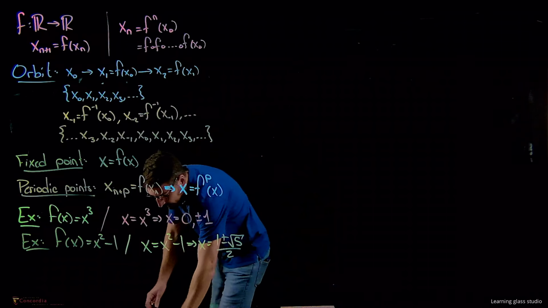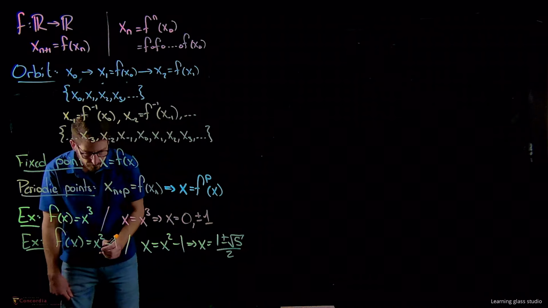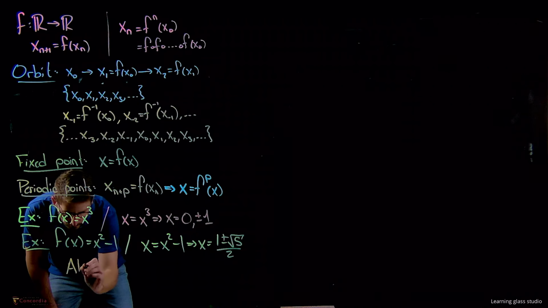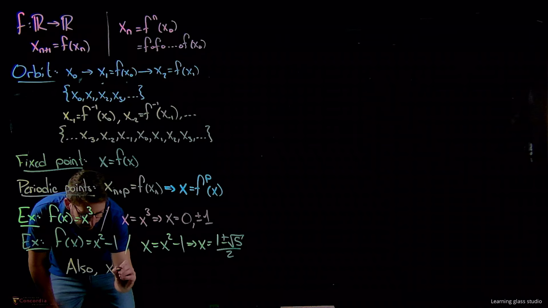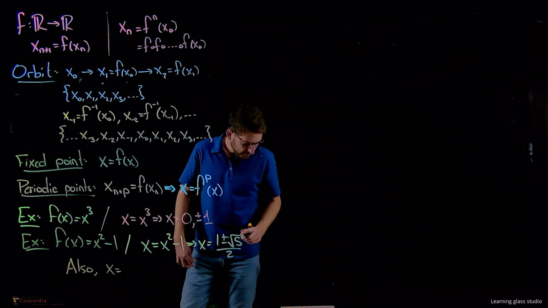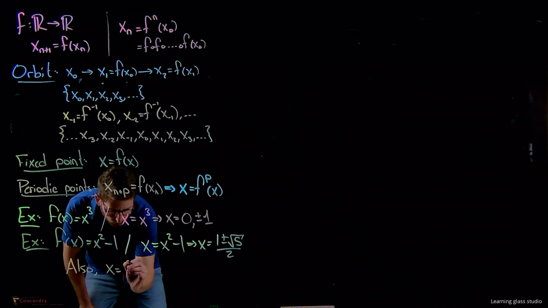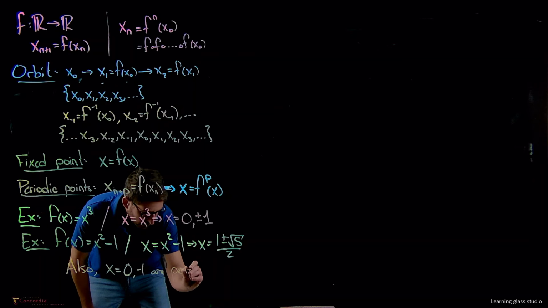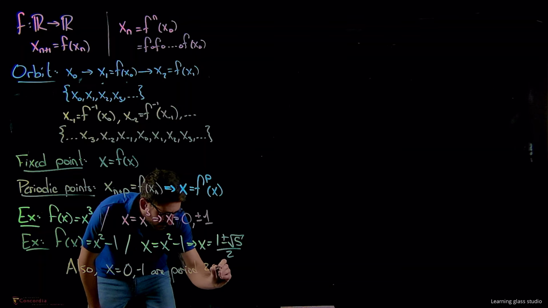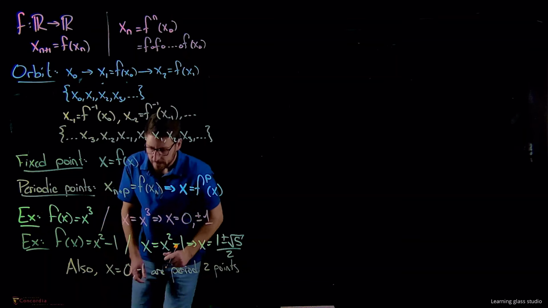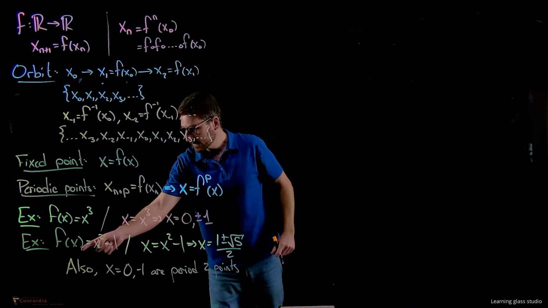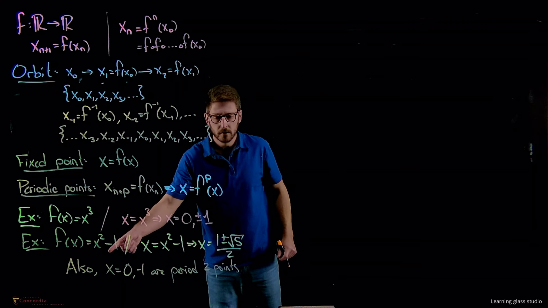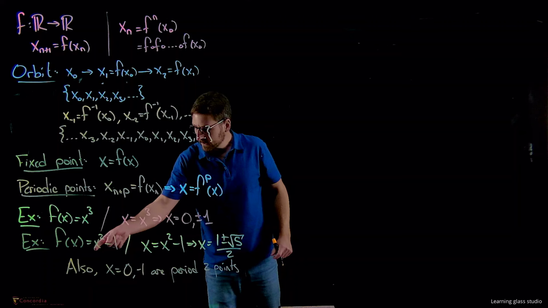But also, I'm going to leave this for you to check, x equal to 0 and minus 1 are period 2 points. And what I mean by that is if you put x equal to 0 into this function, you get minus 1. And then if you put minus 1 into this function, you get 0.